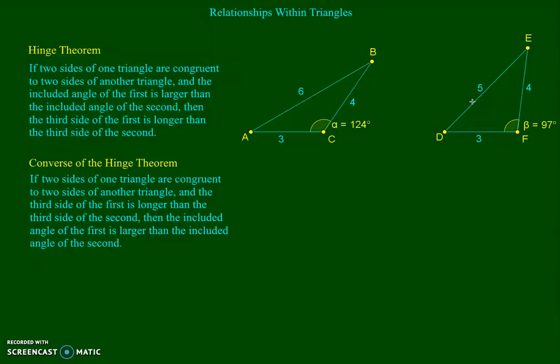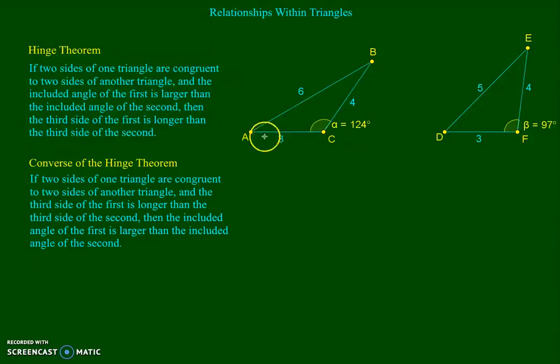And the reverse also applies. If two sides of one triangle are congruent to two sides of a second, and the third side of the first is greater than the third side of the second, then the angle opposite the third side of the first is greater than the angle opposite the third side of the second.